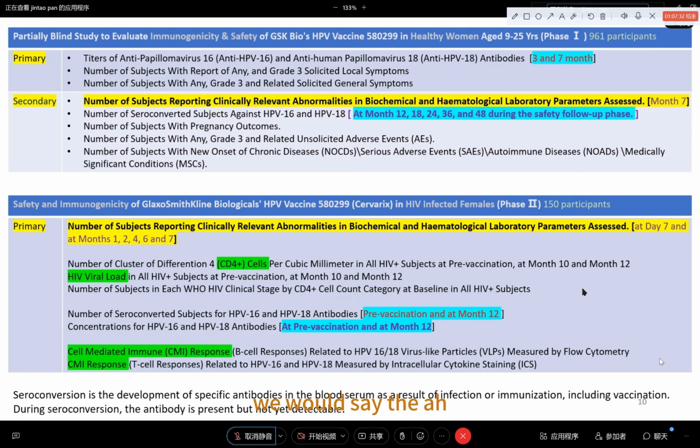Usually we will say the duration in phase 1 is shorter than phase 2, but in this case, you can see the number of seroconverted subjects for antigens HPV6 and HPV18 goes up to 48 during the safety follow-up phases.